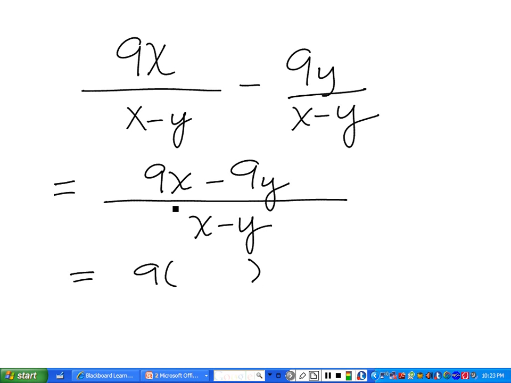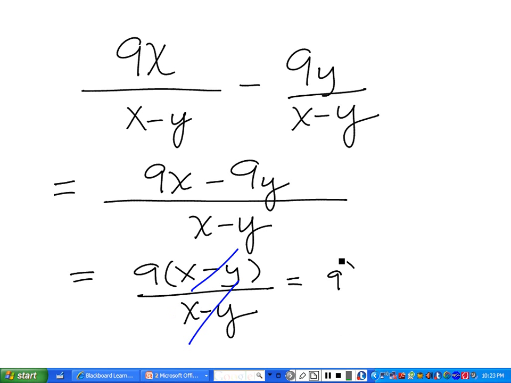So 9 times what is 9x? x. 9 times what is minus 9y? It's minus y over x minus y. So here notice that we have the same factor that we can cancel out. So we can cancel x minus y with x minus y, and that leaves us the answer 9.